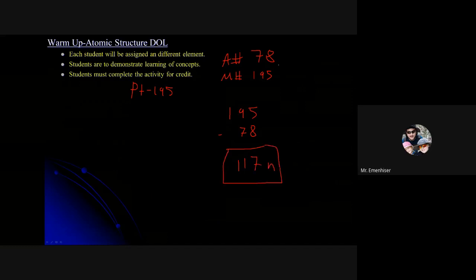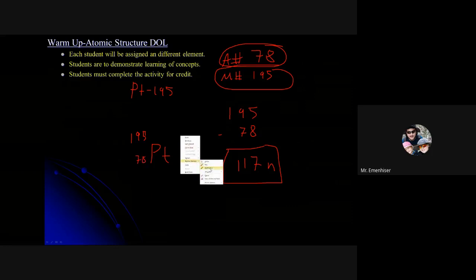Take your mass number, 195, minus your atomic number. And remember, if I wrote the symbol like this, Pt, and I wrote 195 up here, and then 78 here, what I'm going to do is take this number minus this number, 117, right?